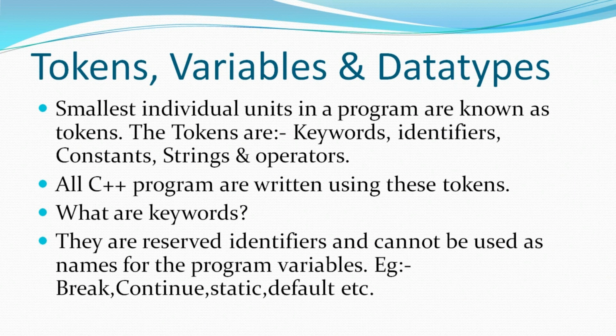So when the compiler is compiling the code during execution of the program, it gets to know that these identifiers are in fact keywords that can't be used as variables or for anything else in your program. So keywords are reserved identifiers that cannot be used and they are fixed. They are predefined in the compiler, like break, continue.